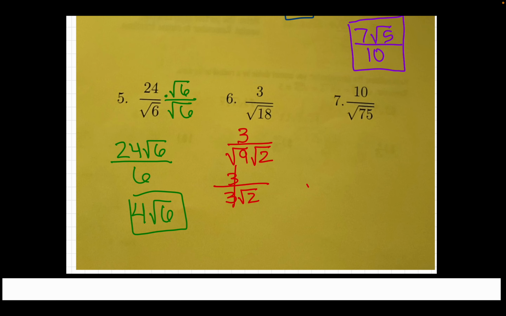So our 3's reduce, so we get 1 over square root 2, but we can't have that square root 2 in the bottom. So let's multiply top and bottom by square root 2. So our final answer is square root 2 over 2.